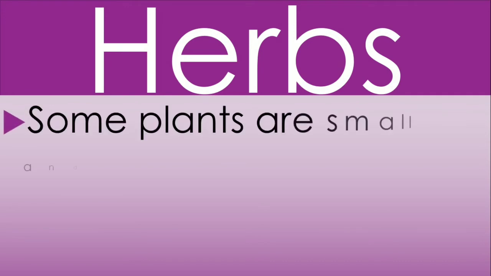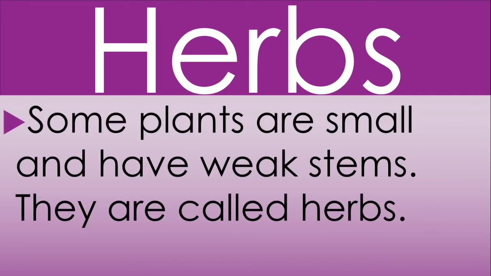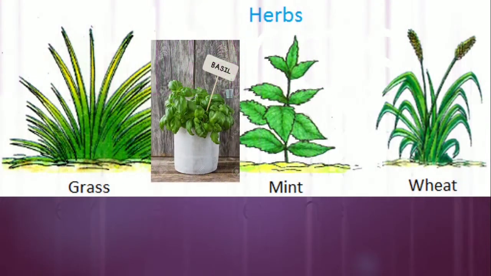Next, herbs. Some plants are small and have weak stems. These plants are called herbs. Herbs are examples of small plants and these herbs have small and weak stems. Example, grass, basil, mint and wheat.